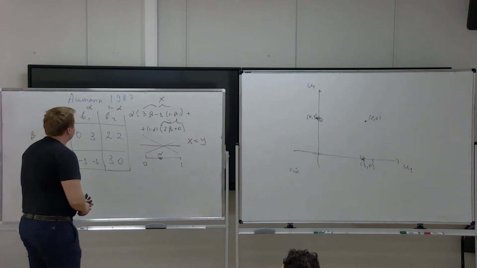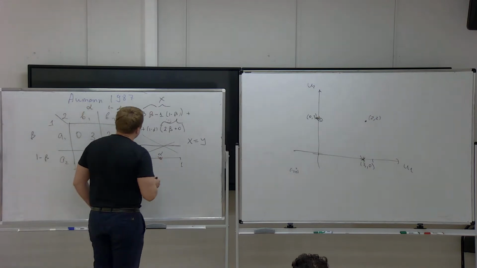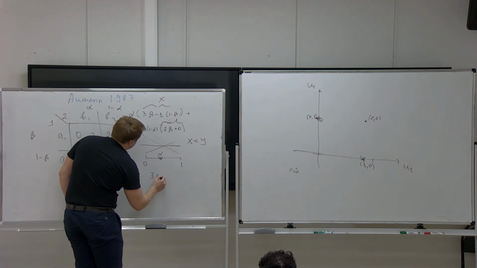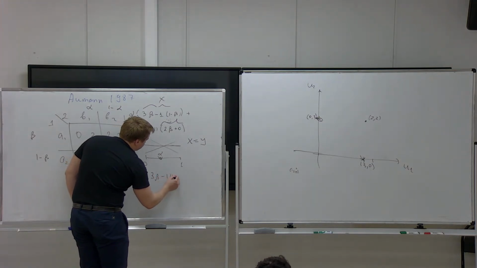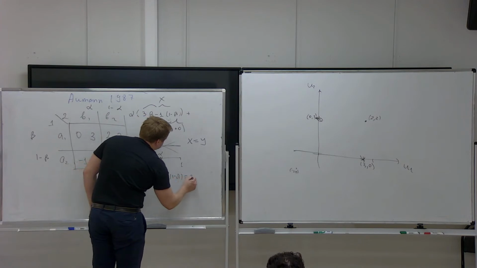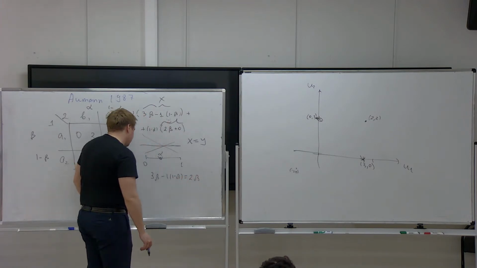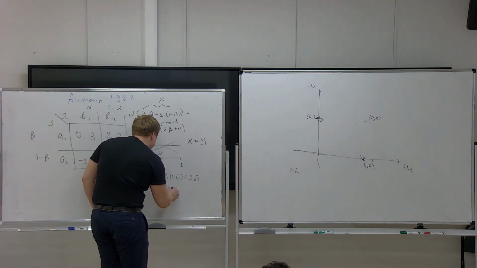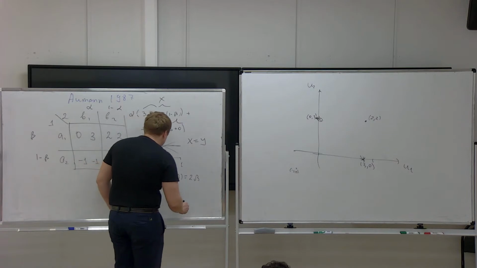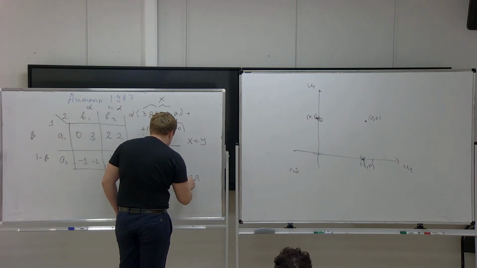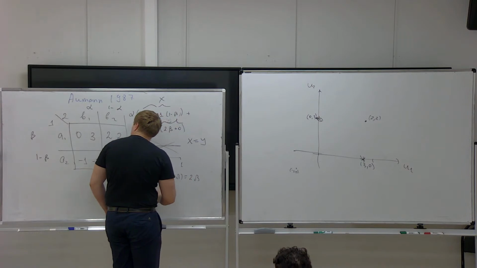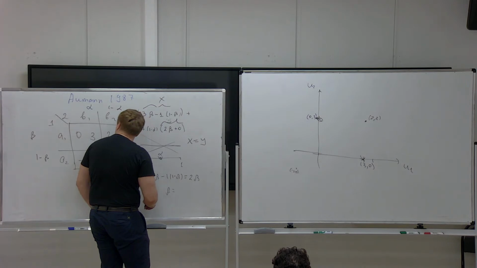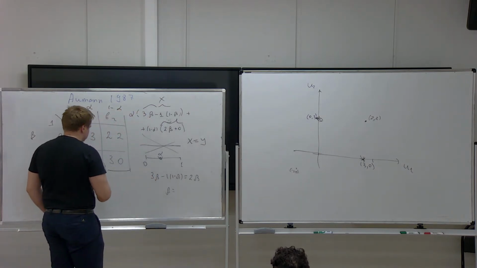Okay, so now in this particular example, what do we get? We get that 3 beta minus 1 minus beta has to be equal to beta. And this is the same as beta equals 1/2. Beta equals 1/2.